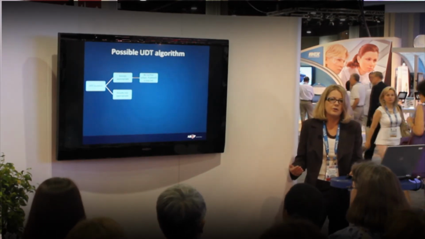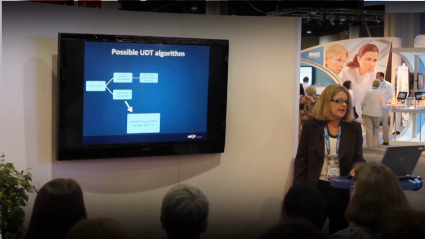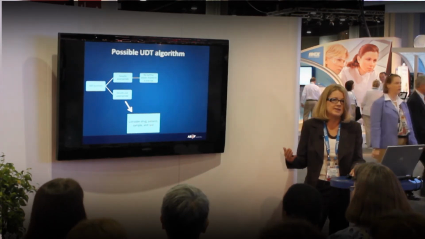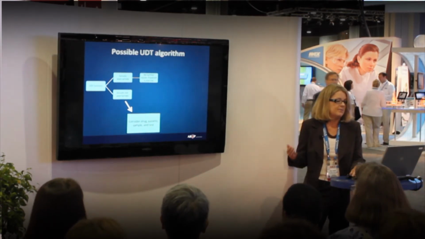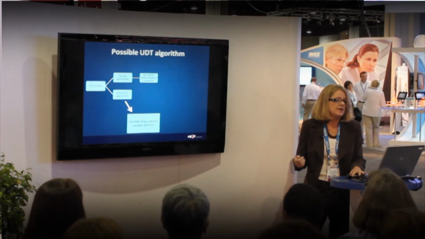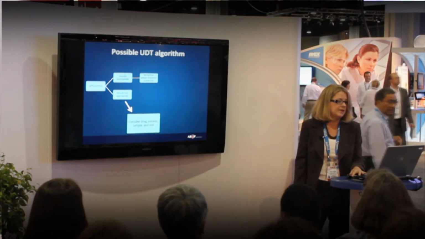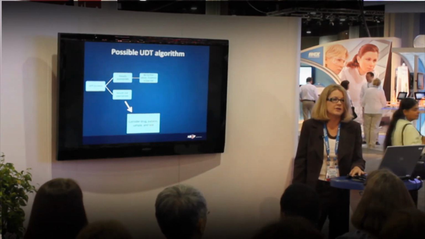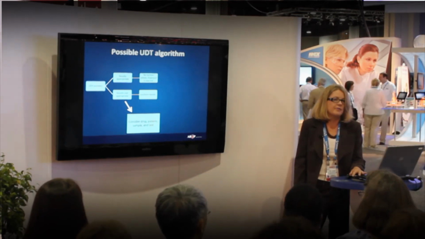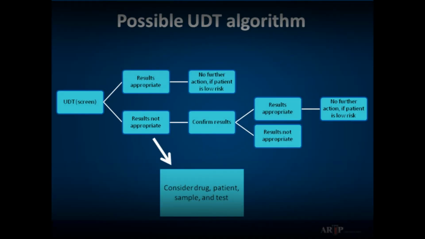If the results are not appropriate based on the clinical and behavioral scenario, then we need to consider carefully the drug or drugs that patient is taking, the patient themselves, what their risk behavior profile might look like, the specimen, is it of high quality, is it timed appropriately, and the test performance characteristics relative to what was actually done. Confirmation testing may be indicated, and then we do it again, evaluate those results.